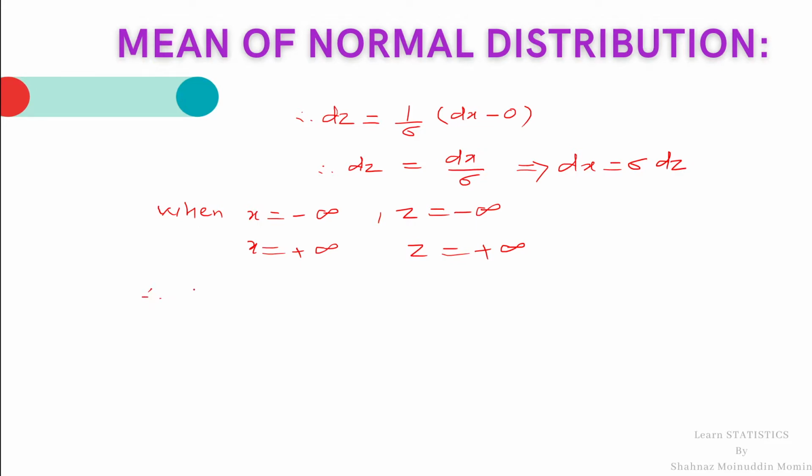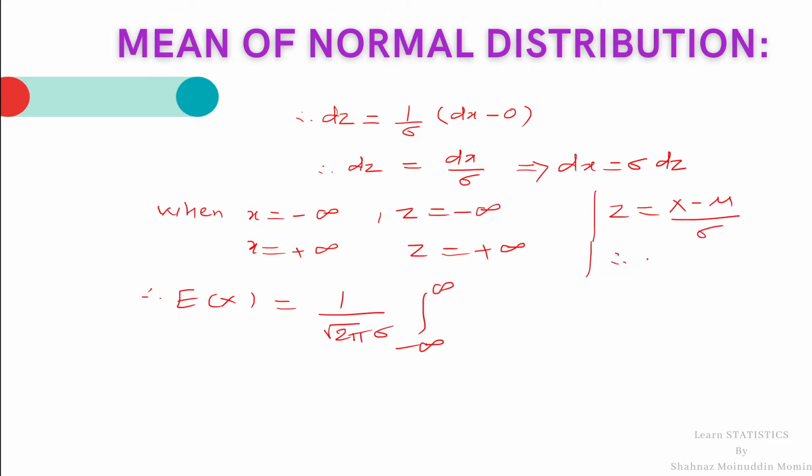Therefore, the expected value of x is equal to 1 upon under root 2 pi sigma integration minus infinity to infinity, from z equal to (x minus mu) upon sigma. The value of x is x equal to mu plus sigma z.